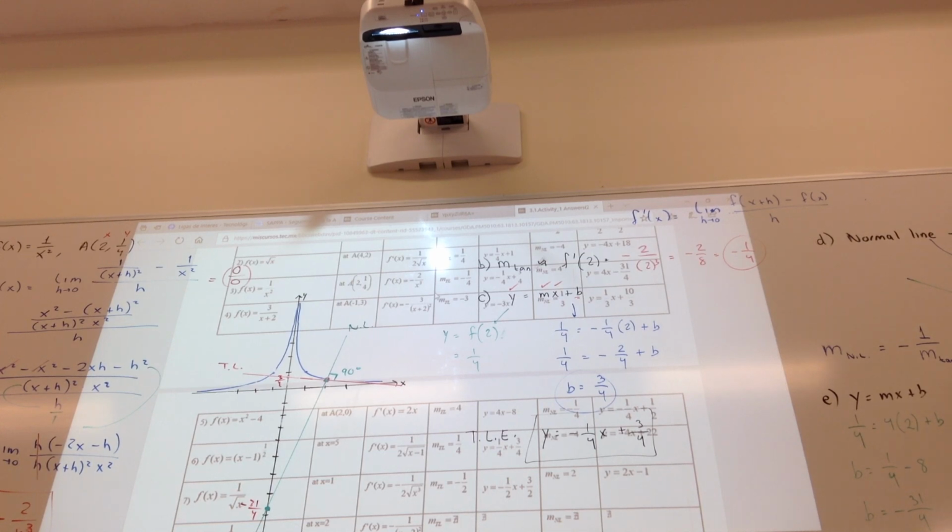Ya. Porque esta función, ¿cómo es la X? A ver, la derivada es así. La derivada es 12.